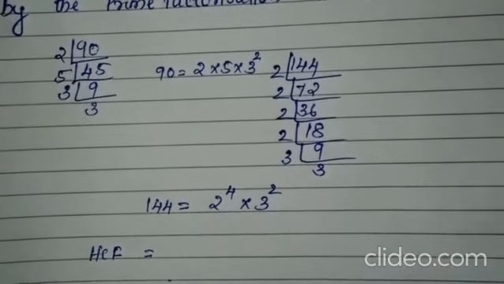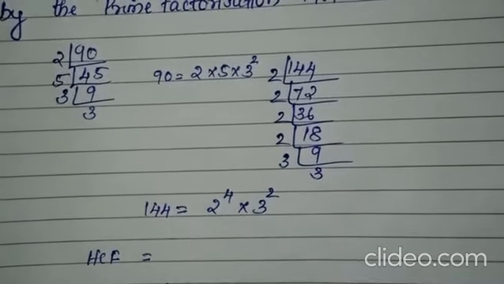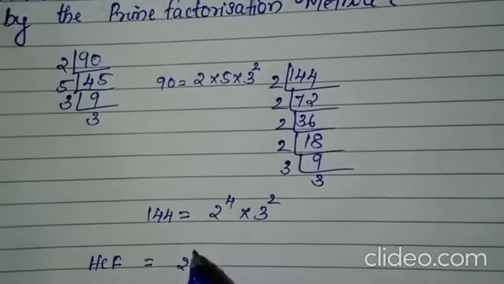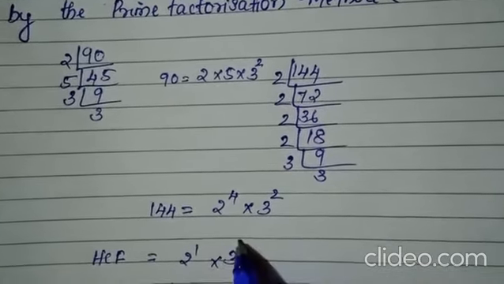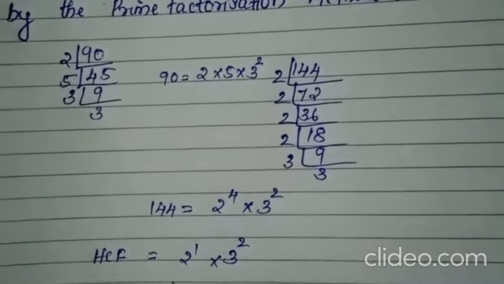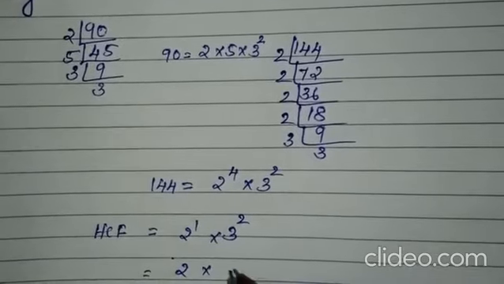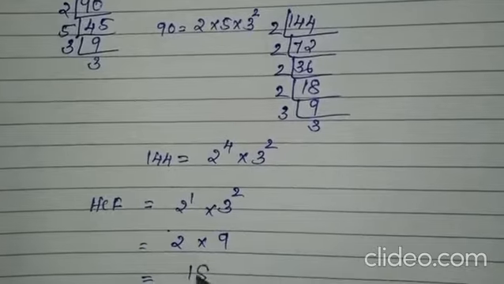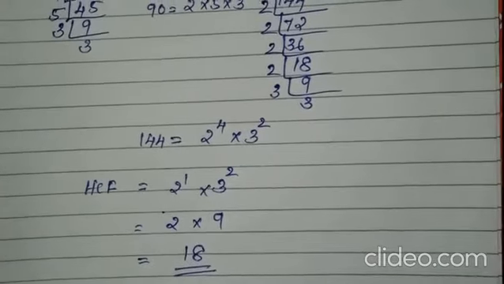So, the HCF is equal to 2 raised to 1 into 3 raised to 2. So, 2 into 9, 2 9s are 18.